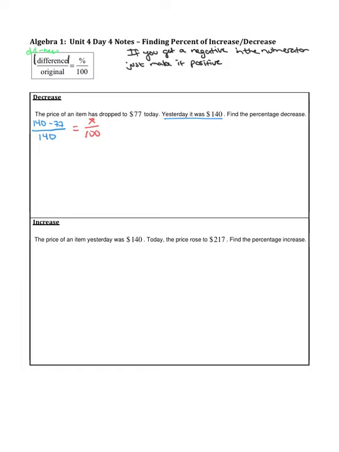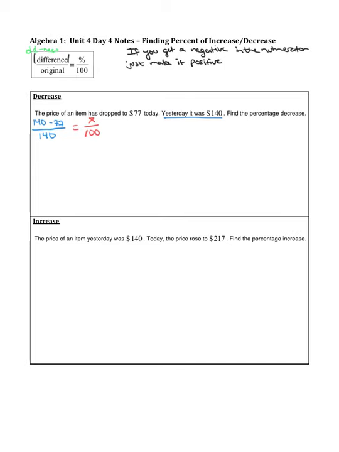So, 140 minus 77. So now we go to my arrow, 63 over 140 equals x over 100. Now we're just going to do the math. We're going to cross multiply. Okay, so you have 140x equals 6,300.